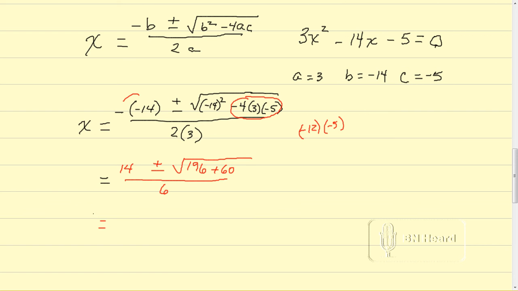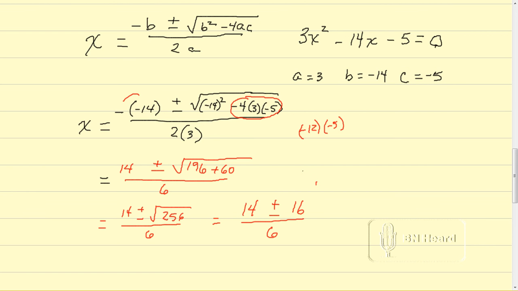So I'm going to have 14 plus or minus the square root. 196 plus 60 is 256. All over 6. I'm going to need to use my calculator again to find out what the square root of 256 is. So I'm going to have 14 plus or minus the square root of 256 is 16 over 6.